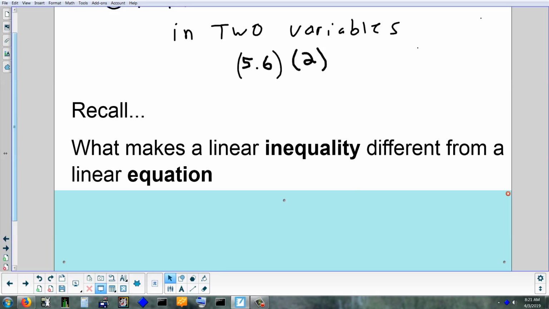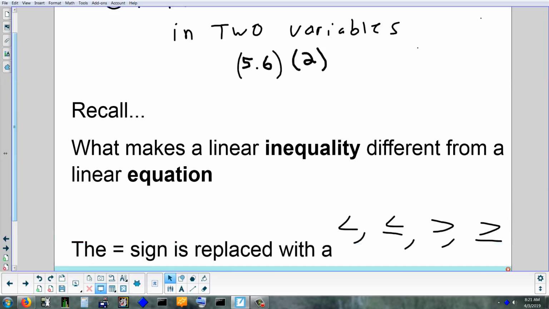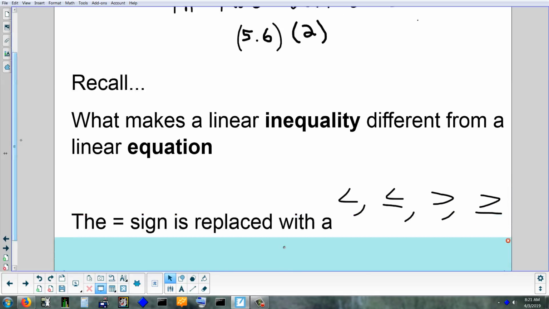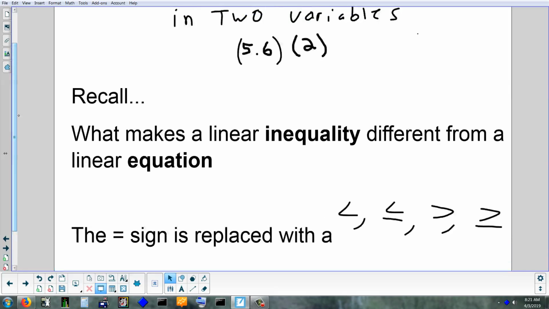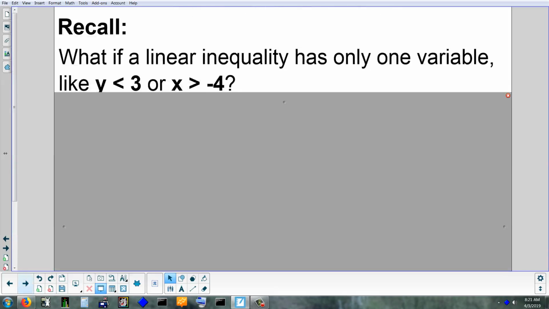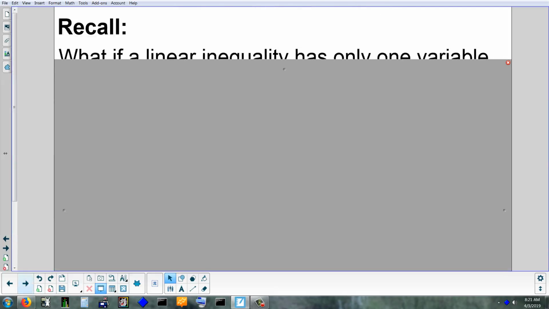How many different symbols are there? Four, right? You've got less than, greater than, less than or equal to, and greater than or equal to. So you're going to have the equal sign replaced with one of those four symbols. Did everybody recall that? Okay. We're going to recall something else.